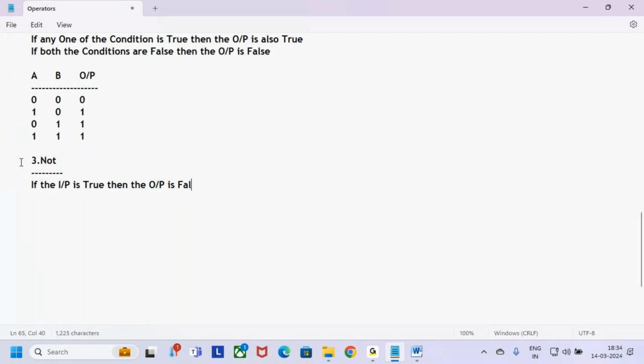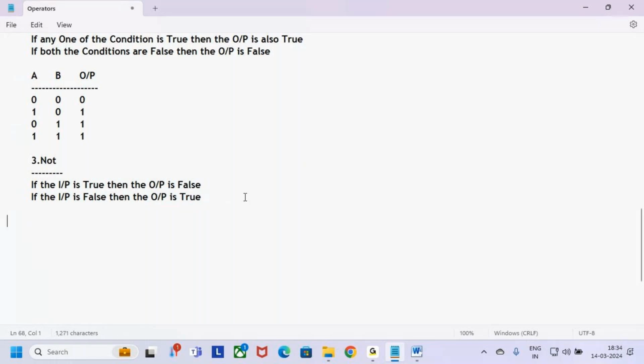Otherwise, if the input is false, then the output is true. Vice versa. If you pass the input as true, we'll get the output as false. Or if you pass the input as false, you'll get the output as true.